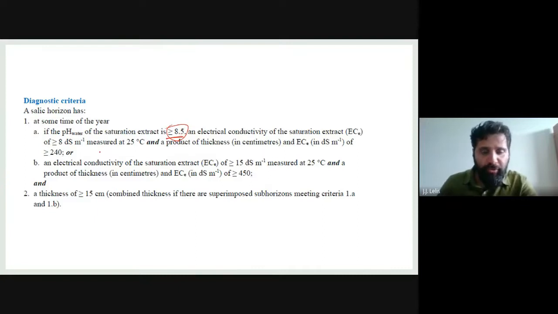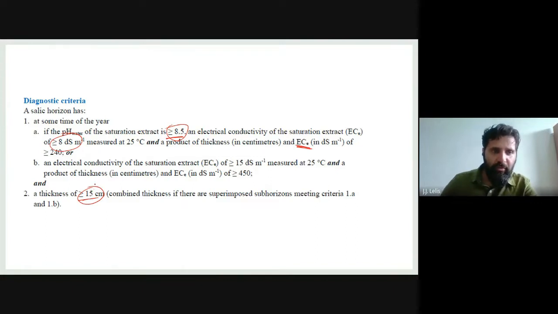It should also present a high electric conductivity, because the high content of salts increases the electric conductivity. Okay, so we should present a high electric conductivity in these horizons, and it should present at least 15 centimeters of thickness.